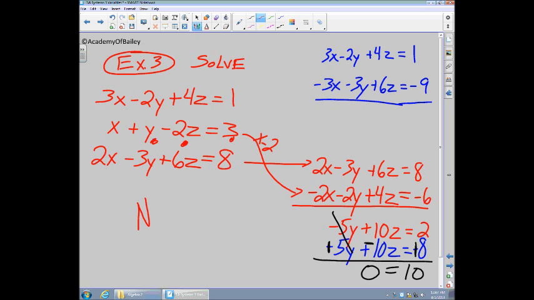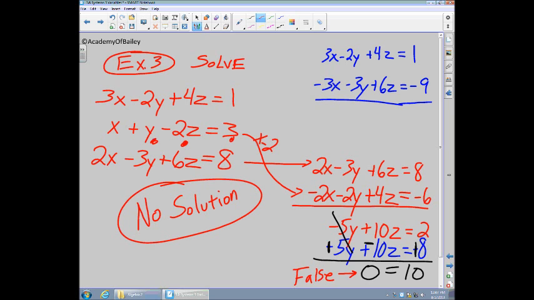When you come to a part where you have 0 is equal to 10, or you have some number equal to another number that it's not equal to, when this final statement is false, you have an answer that is no solution. Or there's no solution to the intersection of those three equations. Those three equations will not be meeting at any single place.